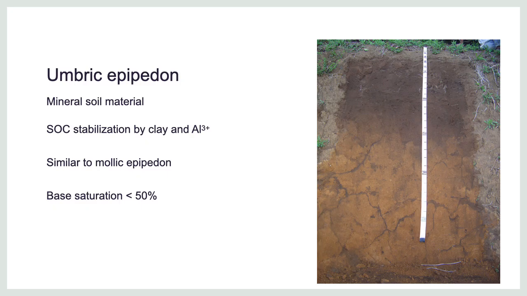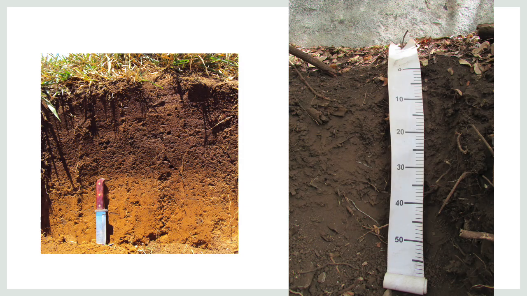The most important thing to remember to differentiate Mollic and Umbric patterns is base saturation. The base saturation in the Mollic pattern, we saw, is equal or higher than 50%, and in the case of the Umbric pattern, it should be less than 50%.